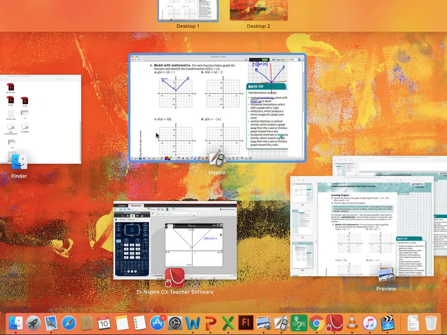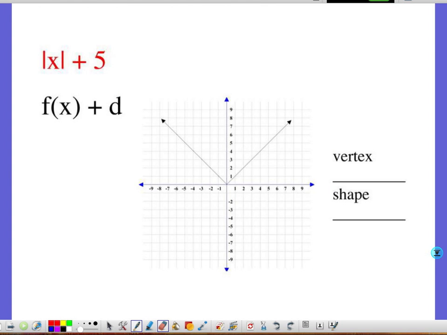So what I actually had you guys do is, I gave you guys a worksheet, and as you can see here in black is the parent function, and I had you graph all of these, and you guys used your calculators to do that. When we graphed this graph right here, this was basically the graph moving up 5 units.